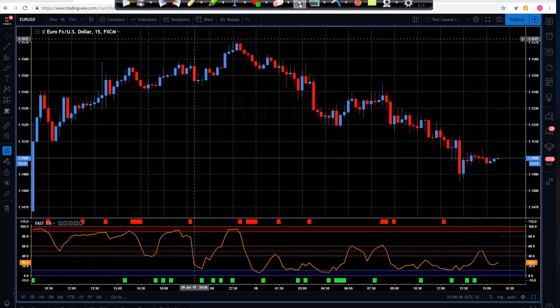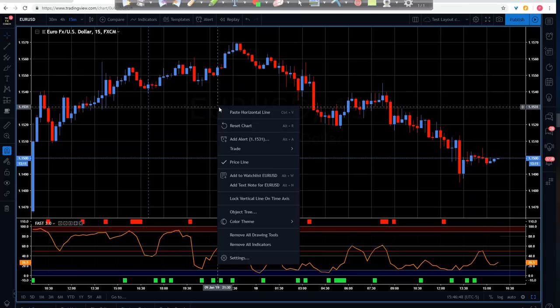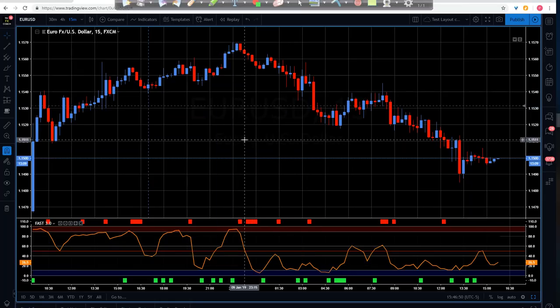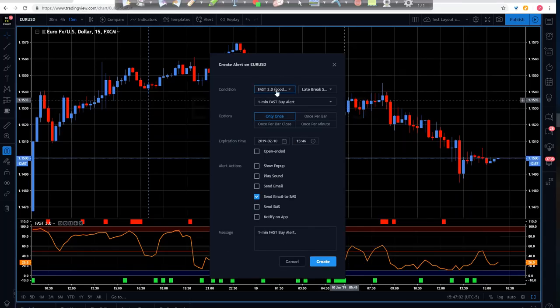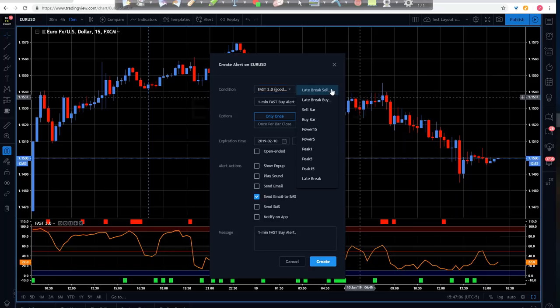So we can set an alert like you would normally set an alert. You just right click on the right side of your screen, add alert. Now, instead of the condition being the Euro USD, which we are on, we're dynamically going to change it. Again, remember, we're talking to this alert mechanism. Ooh, FAST 3.0. And I'm going to use a sell bar.